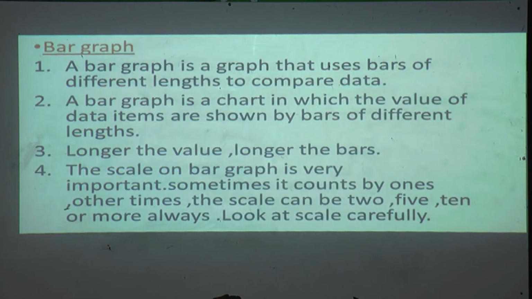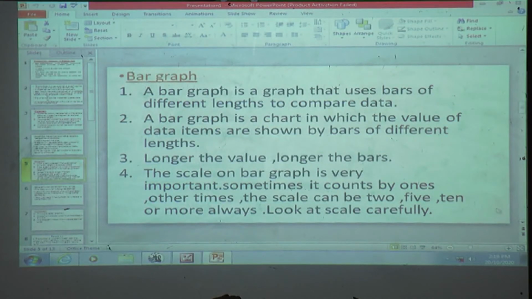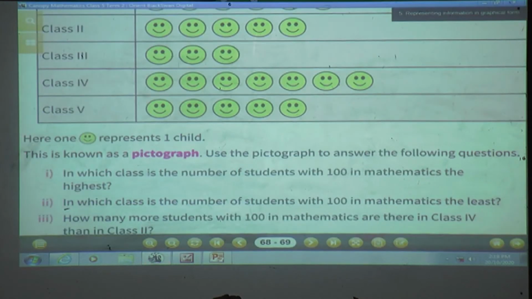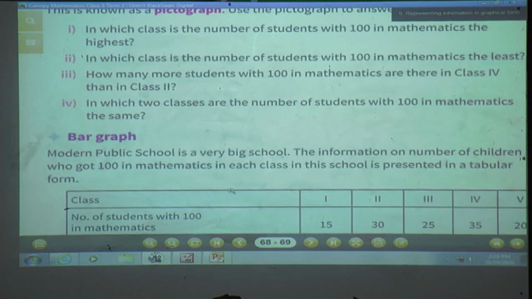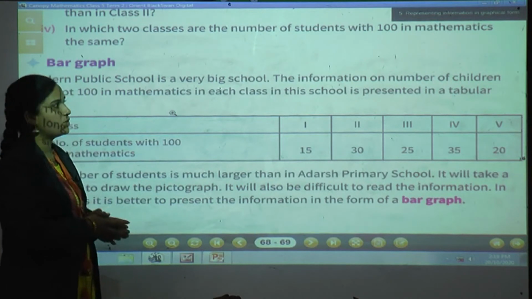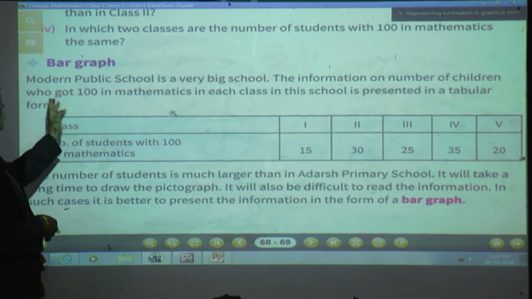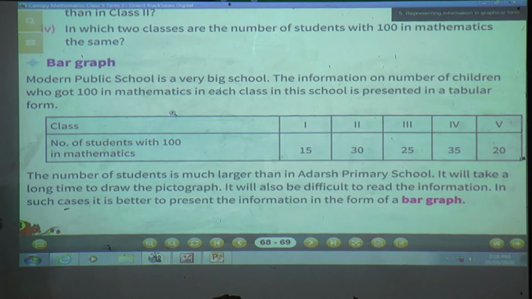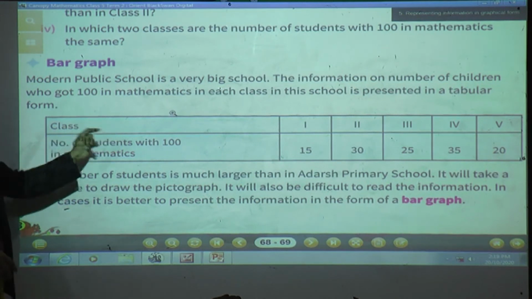Okay, so students, now we'll see the next type of graph, the bar graph. Before that, we'll just see page number 68. Here, see, bar graph. They have given information here. Modern Public School is a very big school. The information on the number of children who got 100 in mathematics in each class in this school is presented in tabular form.